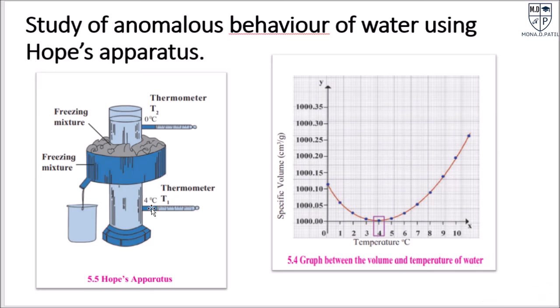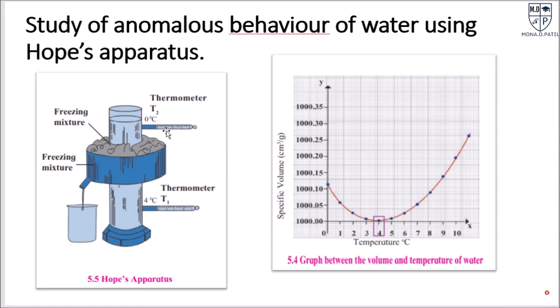The temperature of water in the upper part, the T2 thermometer, decreases rapidly to 0 degrees Celsius, and the temperature of water in the lower part, T1, remains at 4 degrees Celsius for some time and then decreases slowly to 0 degrees Celsius.